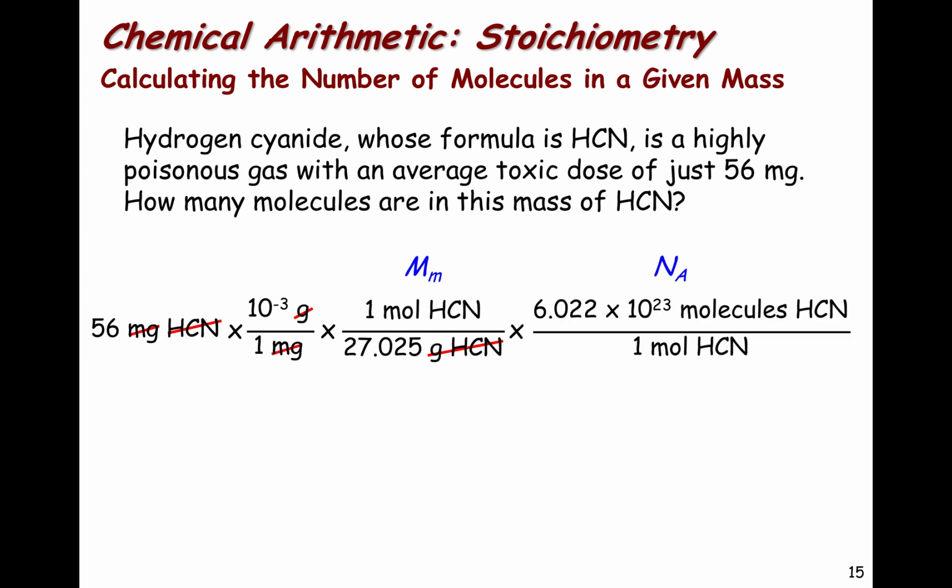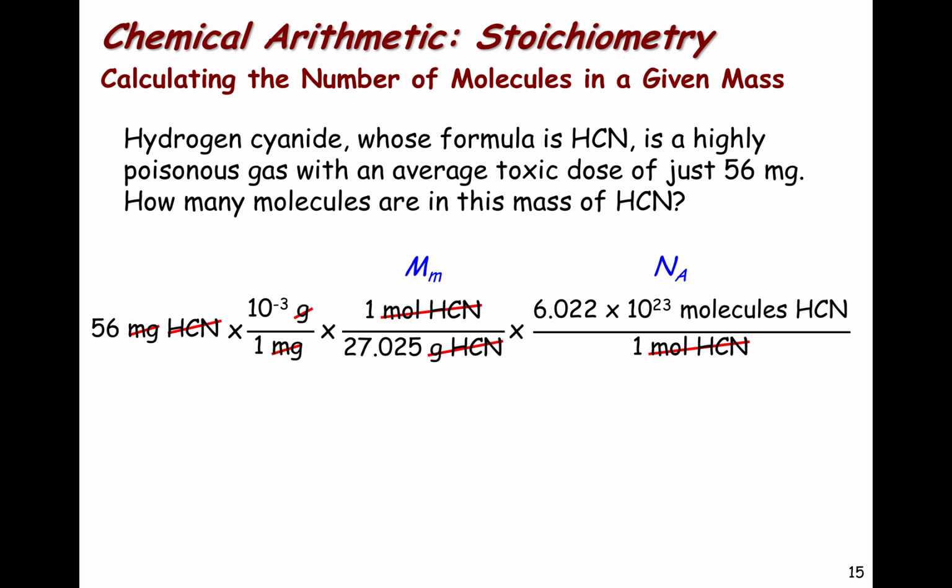And we multiply by Avogadro's number so that the moles of HCN cancel. And then at this stage we have arrived at the unit and the formula of what the goal of the question was. So that means we can then go ahead and plug everything into the calculator, multiplying everything that is in the numerator and divide by everything in the denominator.